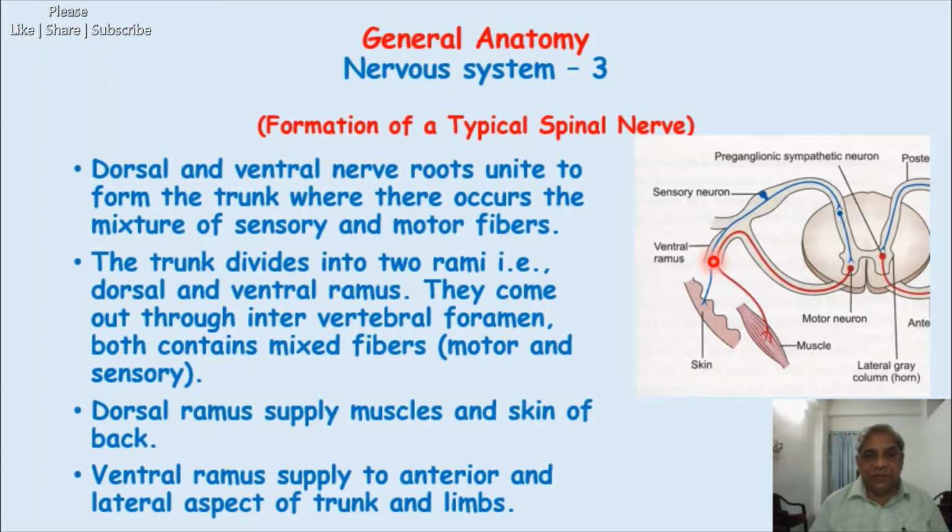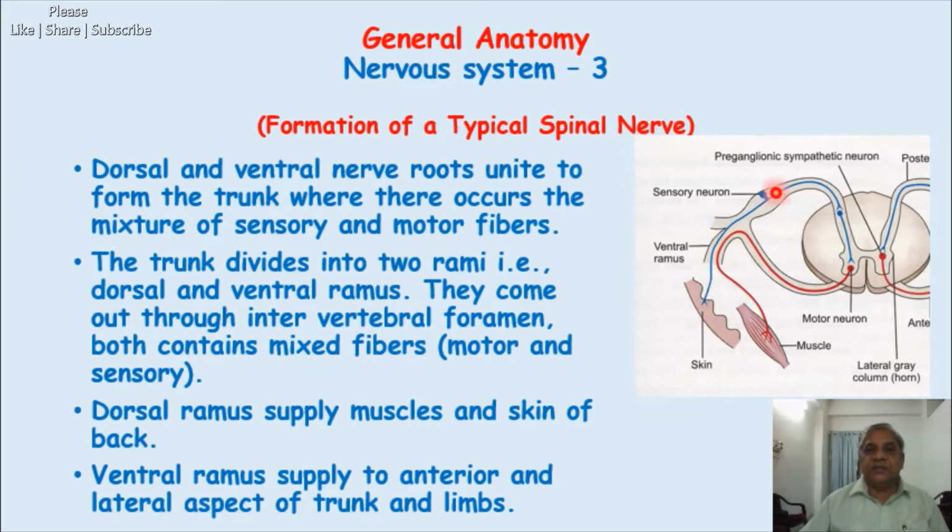Since you are a beginner, you may not know what an intervertebral foramen is. The spinal cord is present in the vertebral canal, and the nerves come out through the vertebral canal through the intervertebral foramina, which are present between two adjacent vertebrae. Now these fibers are mixed fibers. Here only the ventral rami is shown.